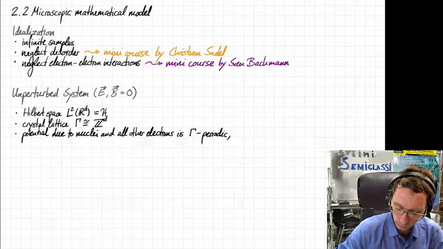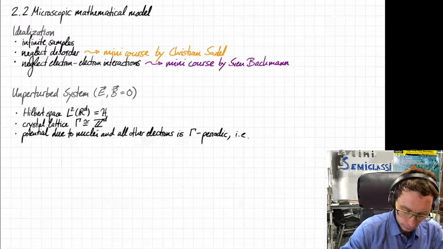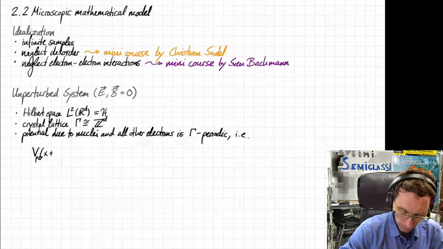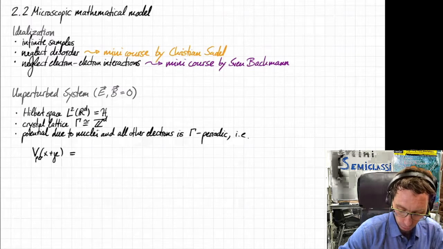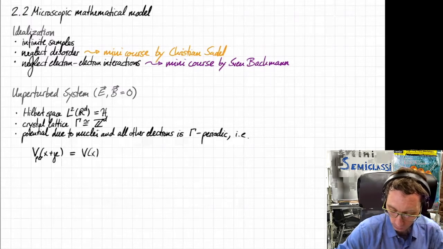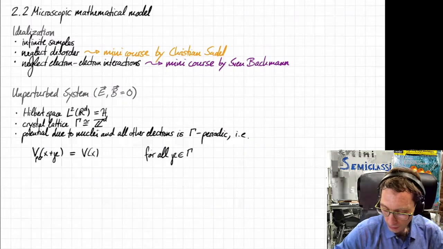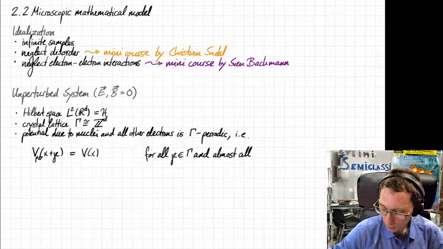That is, V periodic of x plus gamma is equal to V periodic of x for all gamma in Gamma and almost all x in R^d.